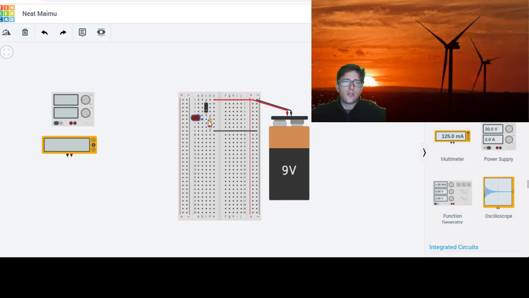This would be the negative side, and this would be the positive side, and I'm going to bypass the diode and put in the LED. Typically we would see something like that.